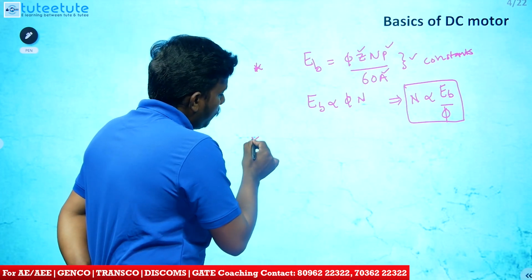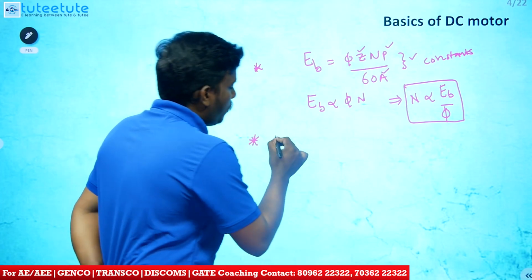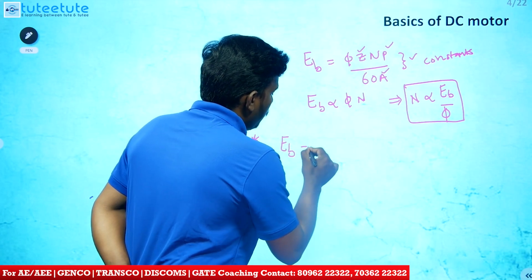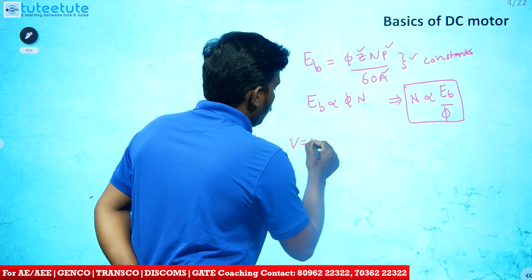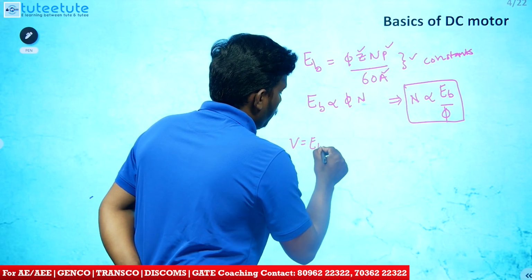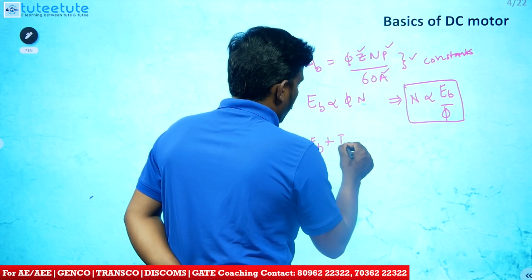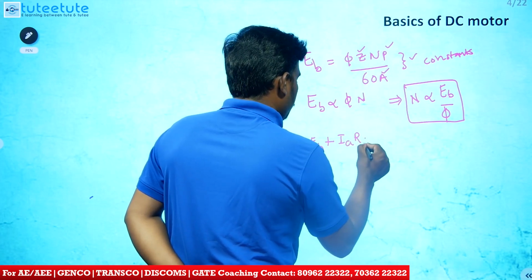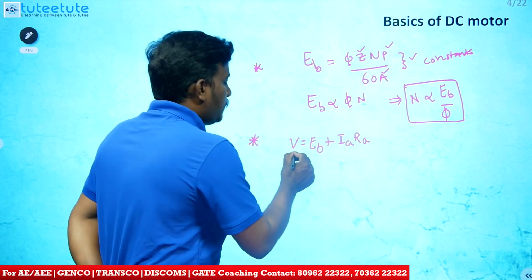The second one is another equation. The general equation of a DC motor is V is equal to EB plus IARA, where V is the terminal voltage.